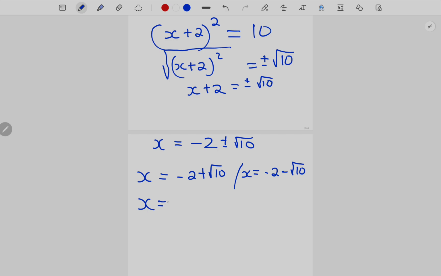So one x is going to be equal to 1.162, or the other x is going to be negative 5.162. Okay, so this is the final answer. This one is not clear, it is supposed to be a comma. So these are our values of x.